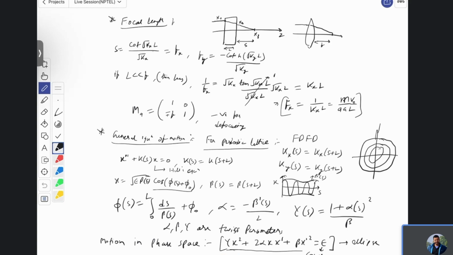It doesn't look like this, but consider this an ellipse, and the epsilon of the largest ellipse is called the emittance. So emittance is area by pi; we divide by pi to keep it consistent.